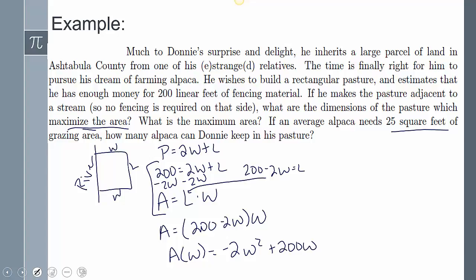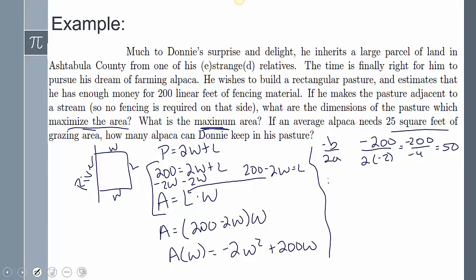So there's my area equation. It says what are the dimensions of the pasture which maximize area. So we're looking at the maximum, and we do negative b over 2a. So negative b over 2 times a, which is negative 200 over negative 4, which is 50. So my width equals 50.